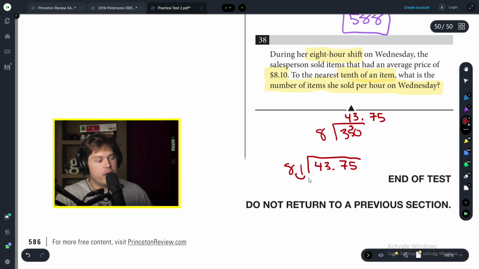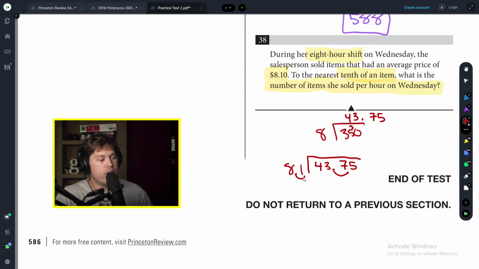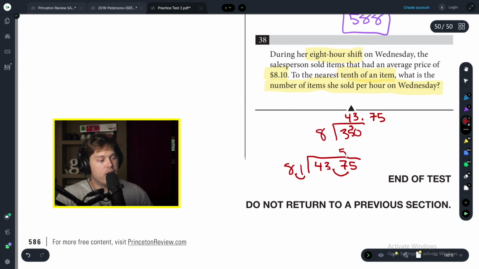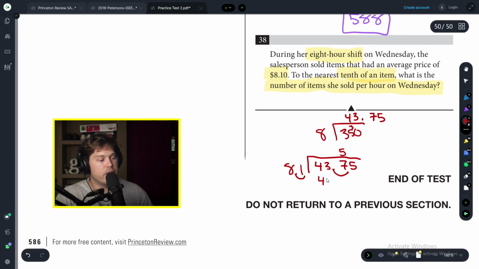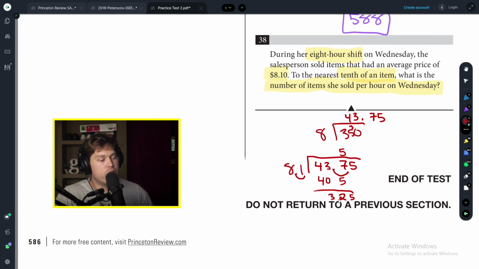So move your decimal over. 81 goes into 437 5 times. That's 5 times 80 is 400, and 5 times 1 is 5, so this will be 405. Then we can subtract. We'll have a 2 and a 3 and a 5. And 81 goes into 325 4 times.